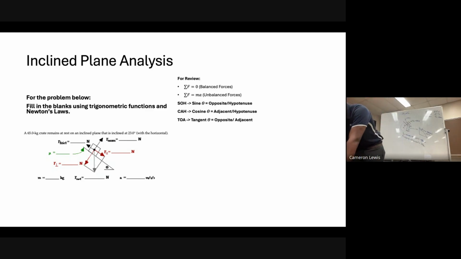The only other thing I have to find is my coefficient of friction, which is mu. So now I come over here. I know this is 586 for my normal force, and my frictional force is 249. I just divide.